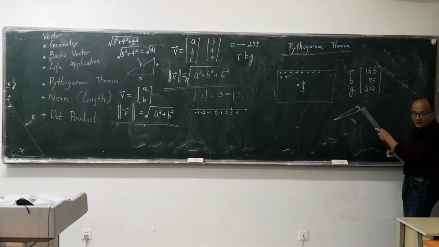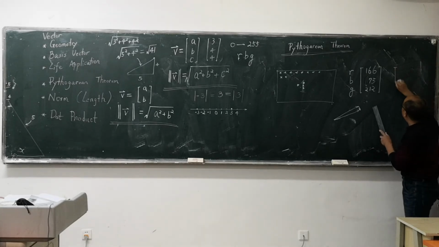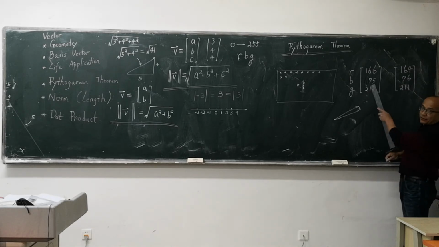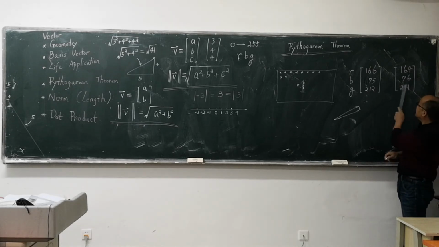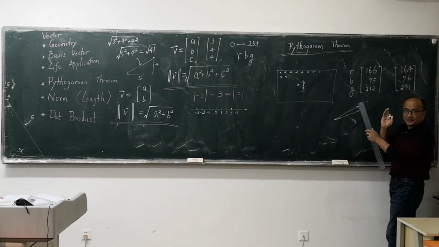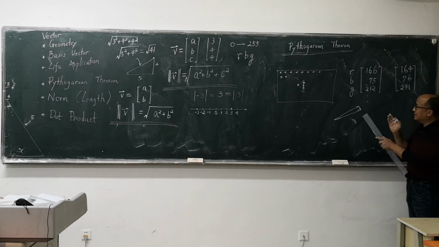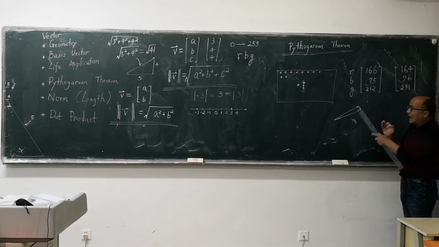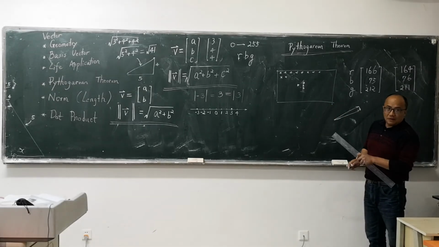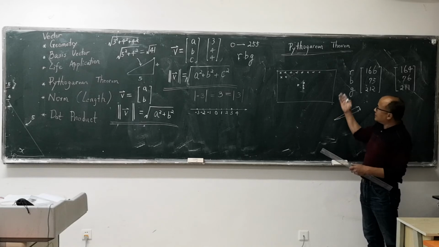Let's say you made it 164 and 76 and 211. This is the background vector. This is the one standing out, but it's very faint. Only very healthy eyes can see the difference. And they can say, oh yeah, that's number 1. Most people maybe say, no, I cannot see it, it's still the same.